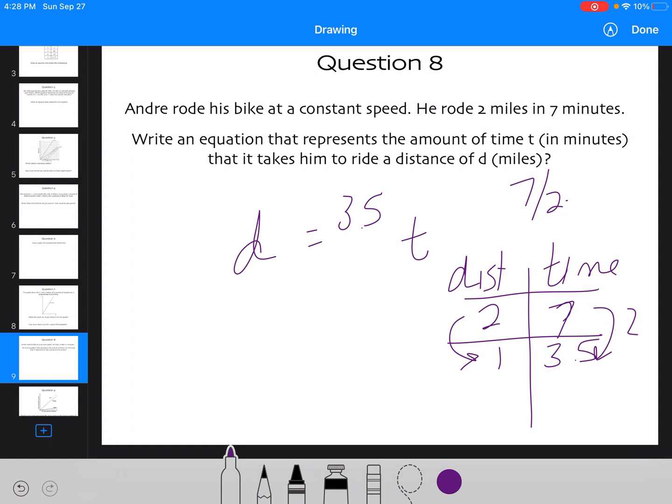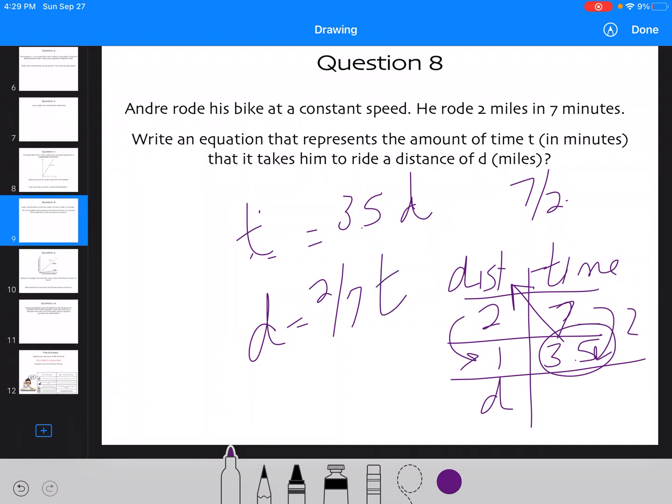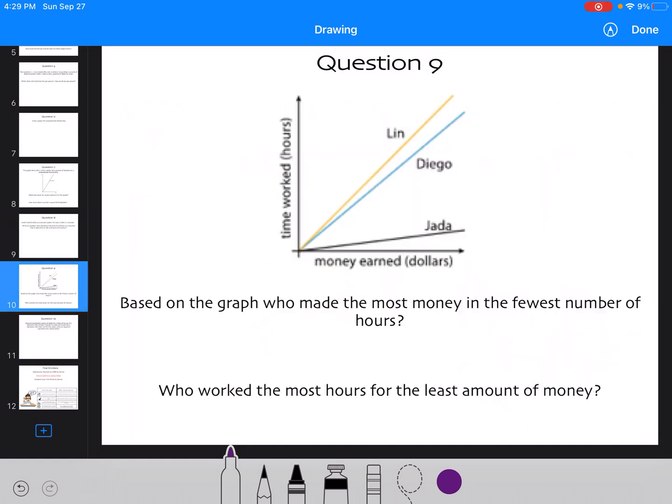So I would do the time times the distance. And that would give me the total time. So I would switch these around. If I wanted to do it the other way, I could go distance equals 2/7 times the amount of time. So either equation would have been correct.